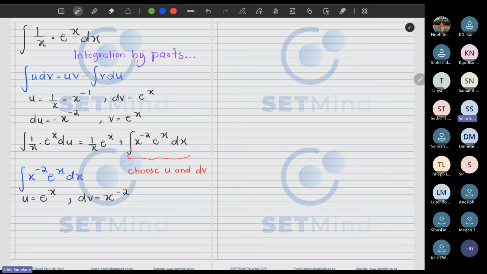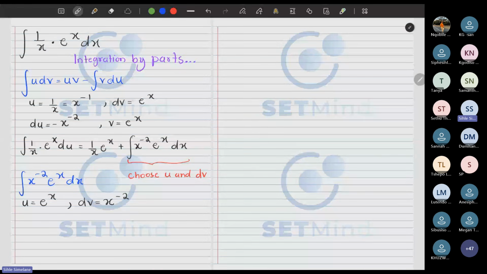Okay, so what is happening, guys, here, his choices of u on the first shot was correct, and also on the second shot. So the idea here is, and with practice, you'll easily be able to see how to choose these things. If you choose u again to be the x to the -2, you will differentiate it.